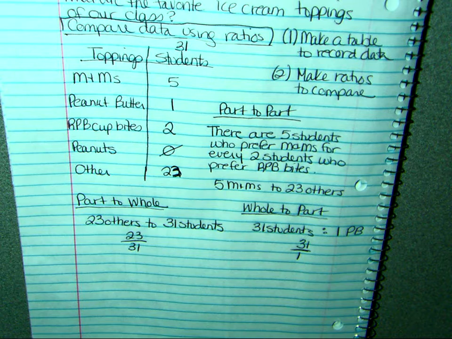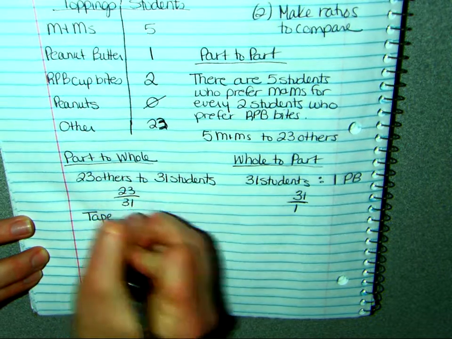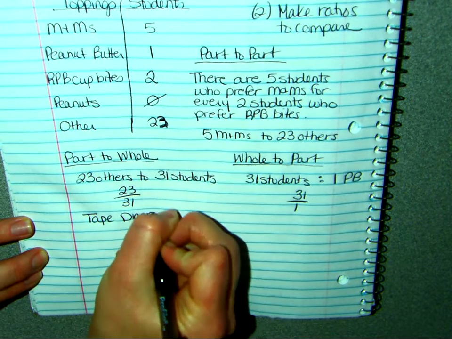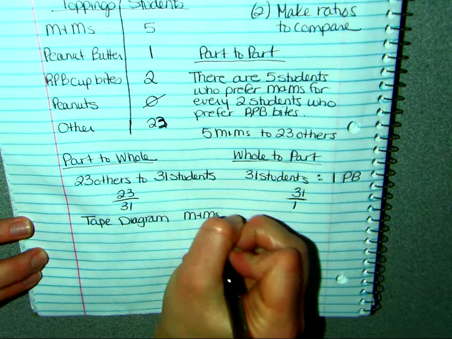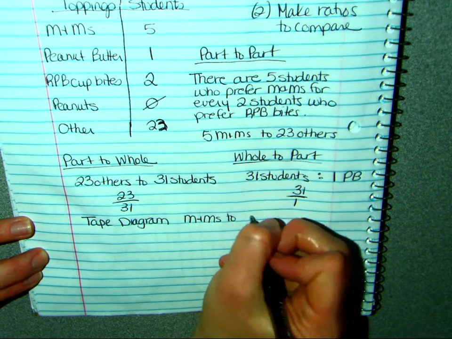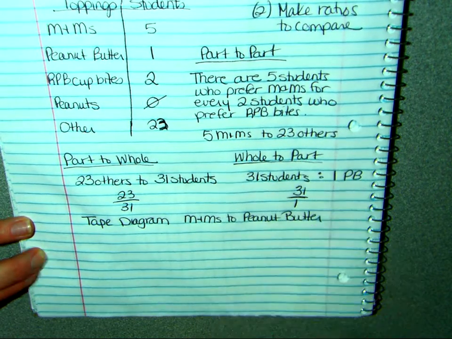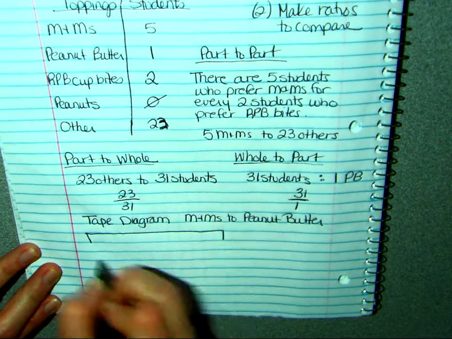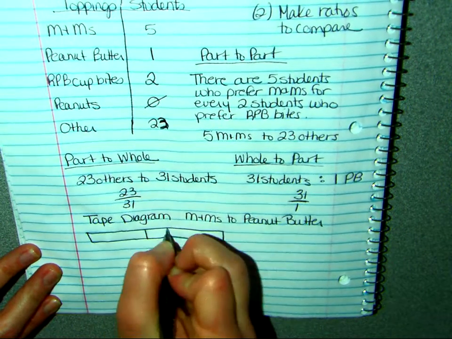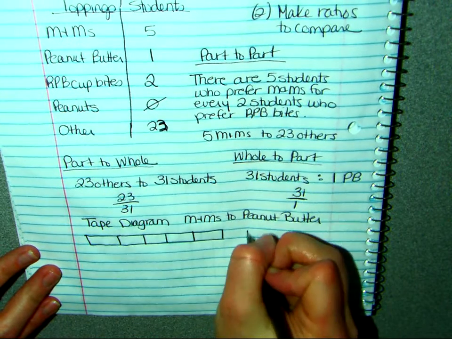All right, so now that we've done this, I want to show you one other thing that you can do with data. You could show your data in a tape diagram form. So if we wanted to compare M&Ms to, let's do peanut butter, rather than writing out everything, you could do a tape diagram where you had five pieces, so there's 5 even pieces representing M&Ms.